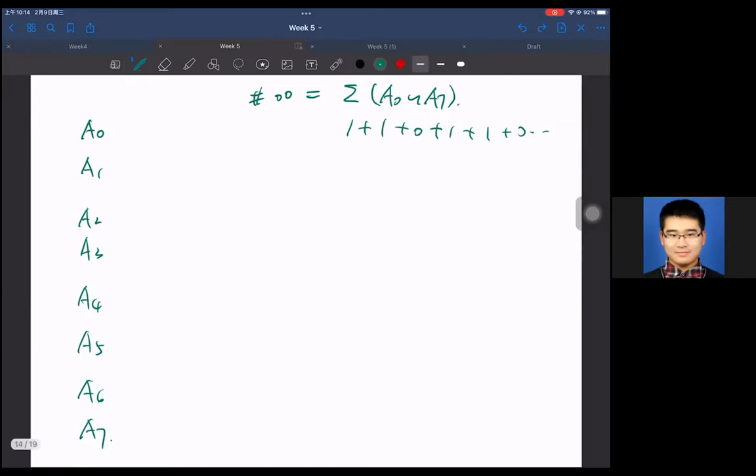What's the maximum number you can get from the summation of 8 1-bit inputs? So 1 plus 1 plus 1 plus 1, and so on. What's the maximum number you're going to get? It's going to be 8, right? How many bits do we need to represent it? 4 bits finally. So the first intuition: you can change A0 into 0001.